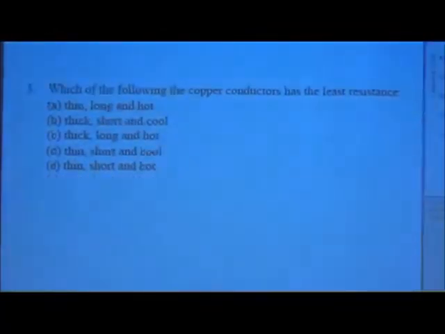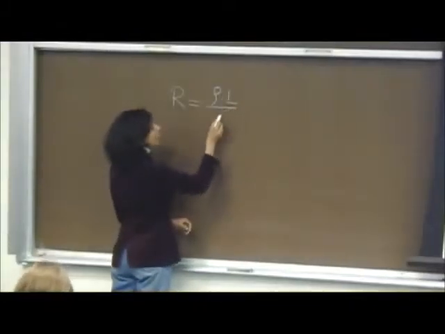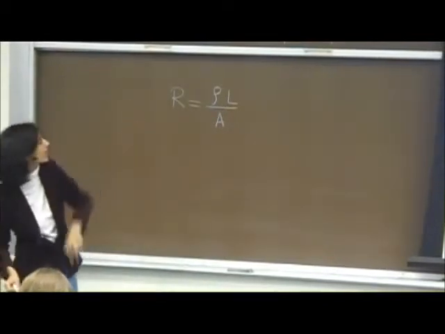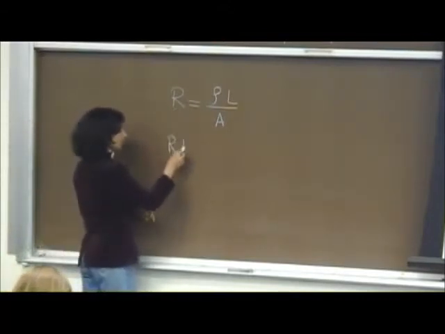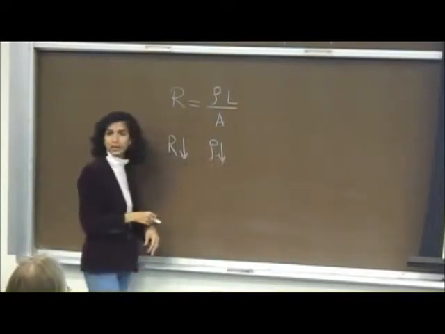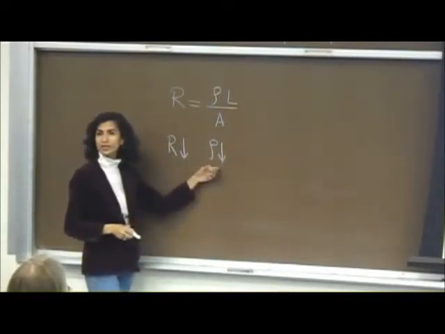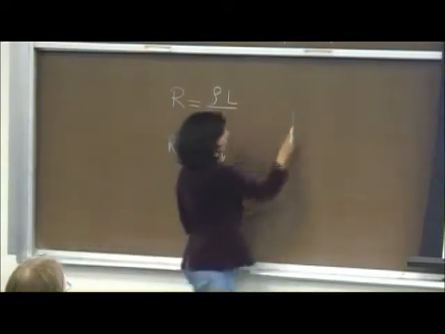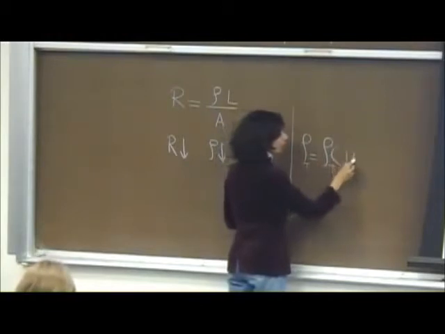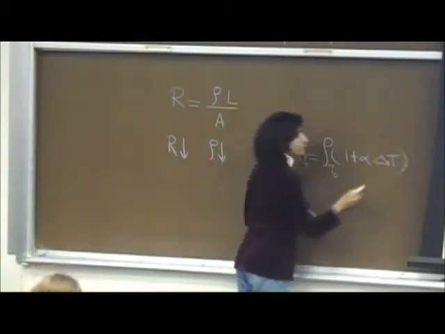All right, so that's it, folks. Again, we are going to make use of the fact that resistance is rho L over A. So if we want the resistance to be least, R is small if rho is small, right? And do you remember, is rho small at high temperature or low temperature? Because resistivity at a temperature T is equal to resistivity at temperature T0 times (1 plus alpha delta T), right?